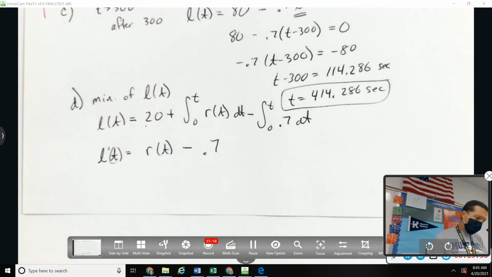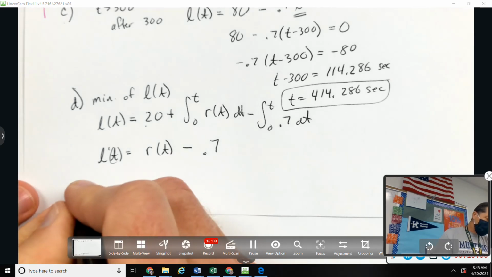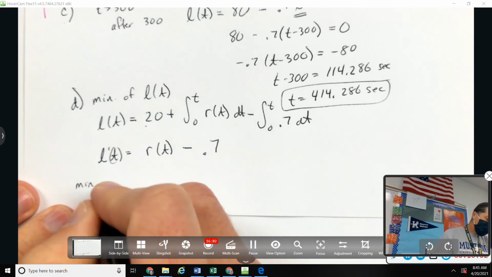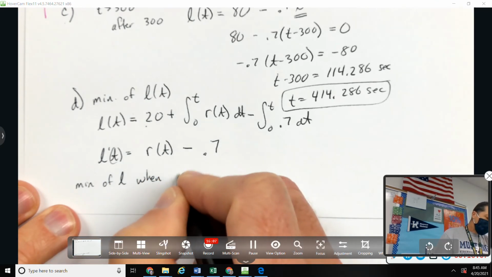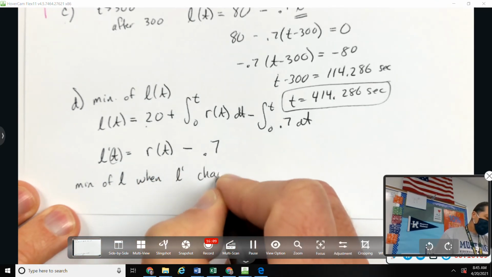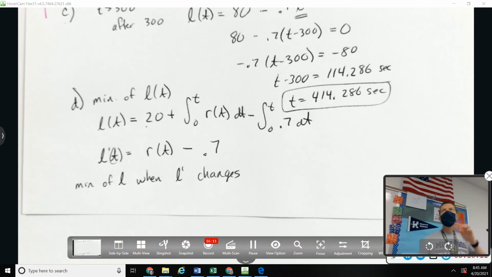And we want to know, the minimum of L is when L prime changes from negative to positive.